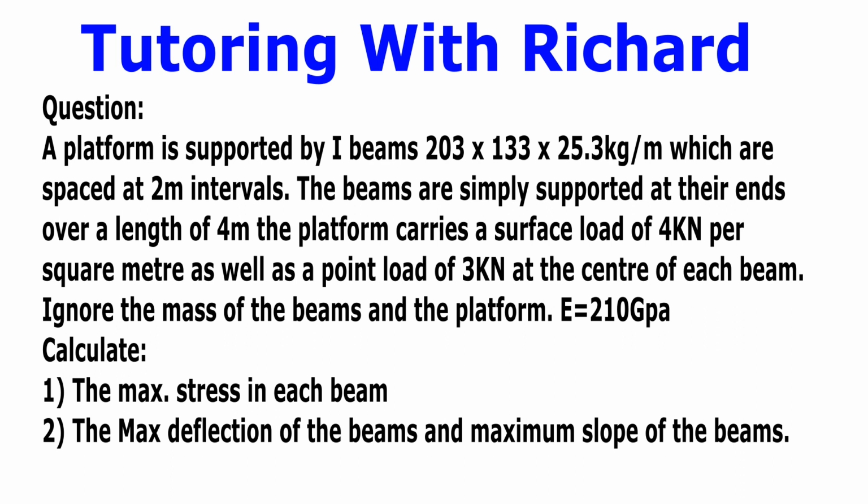The platform carries a surface load of 4 kilonewtons per square meter, as well as a point load of 3 kilonewtons at the center of each beam. Ignore the mass of the beams and the platform. The modulus of elasticity is 210 gigapascals.